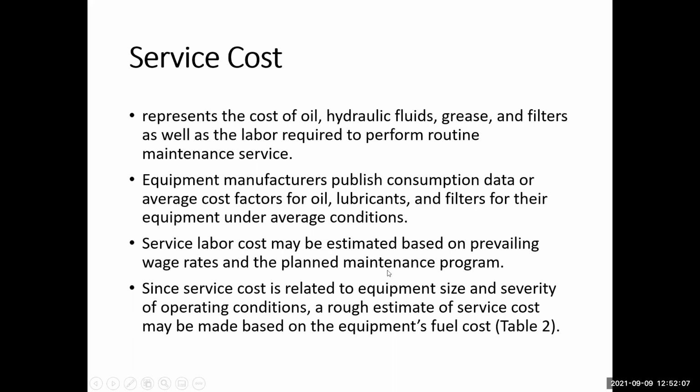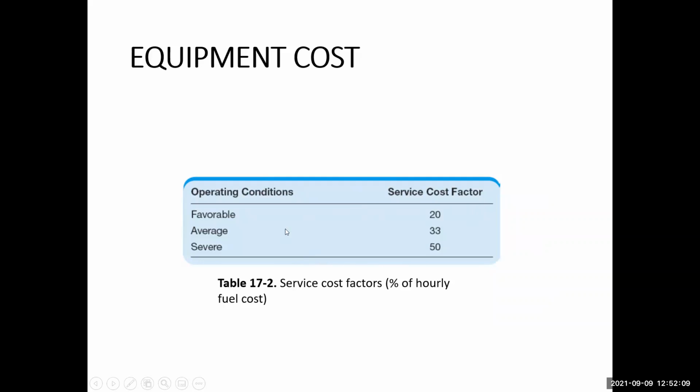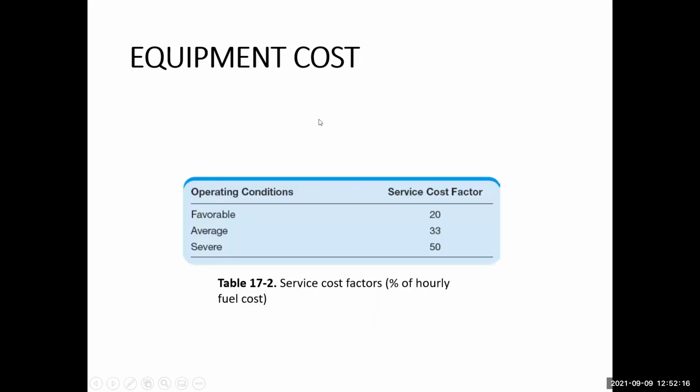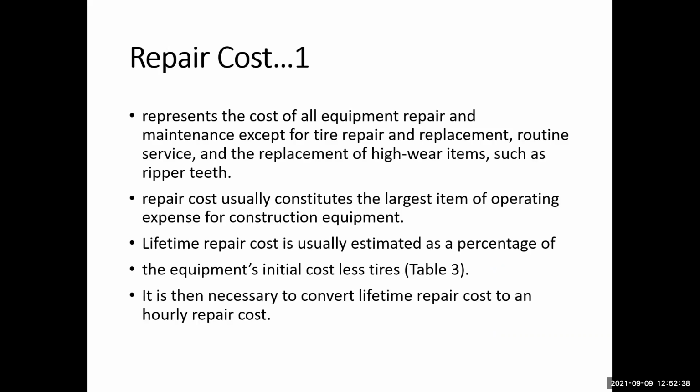So if we first calculate the fuel cost from table number 1, then we can calculate the service cost based on these factors. If the conditions are favorable, then 20%. If the conditions are average, then 33% of the fuel cost. Severe, then 50% of the fuel cost. So it can provide us a rough estimate of the service costs.